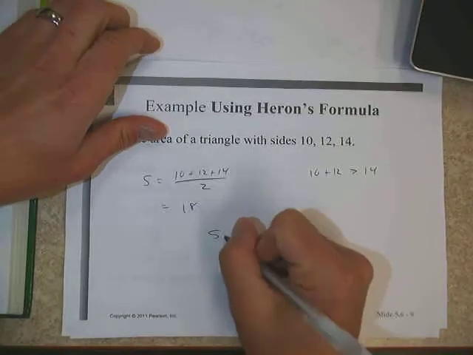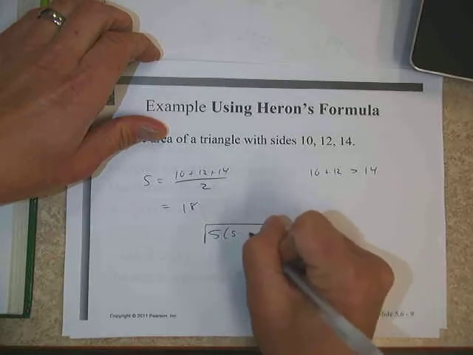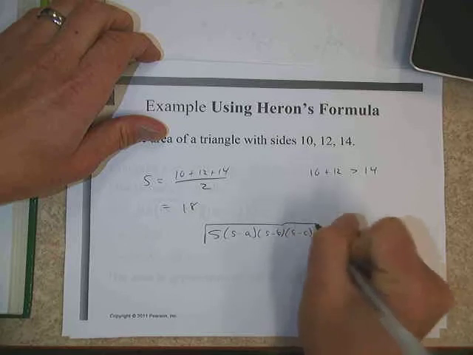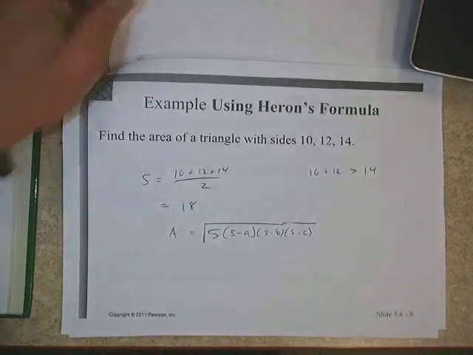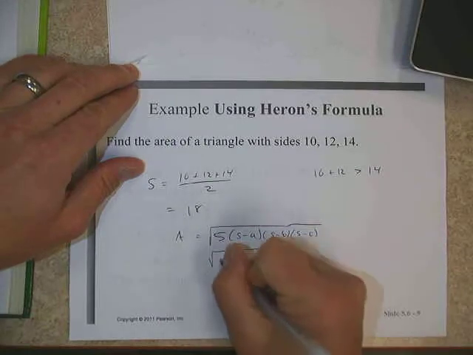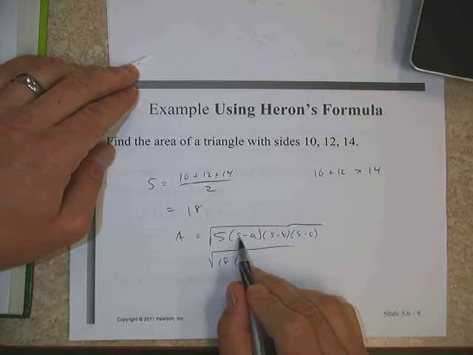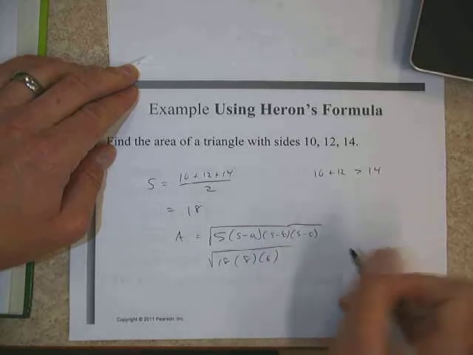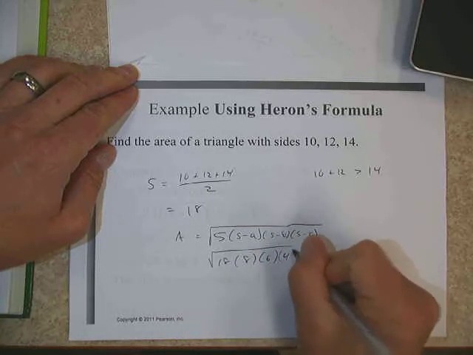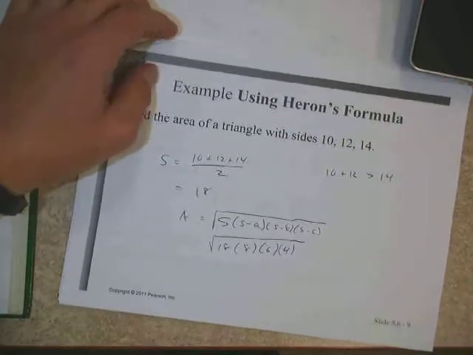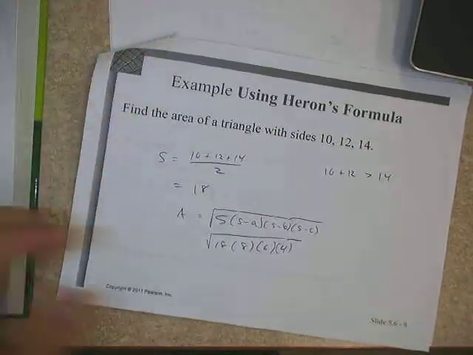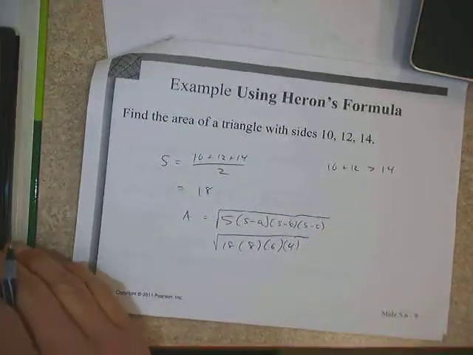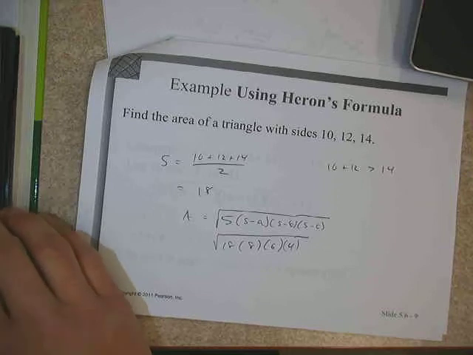And then from there, the formula is the square root of S times S minus A times S minus B times S minus C. If we fill in the blanks, 18, S minus A for us would be 8, S minus B for us would be 6, and S minus C for us would be 4. So we get 18 times 8 times 6 times 4.